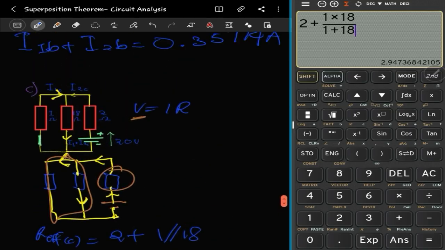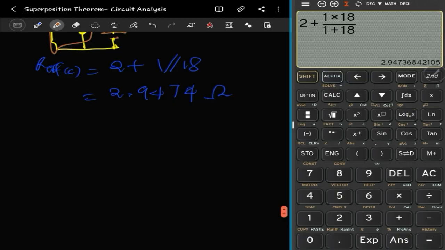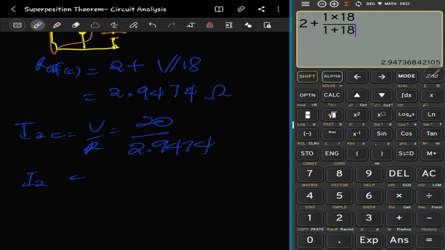Okay, so we have V, we have R, we can find our I. In this case, which will be the I that we are trying to find, because the voltage source is here, right? The voltage source is this one right here, meaning that the only voltage source in C is this one right here, meaning the current that we'll be finding first will be this I2C. So our I2C is V on R, our V is 20, our R is 2.9474. So let's do that.